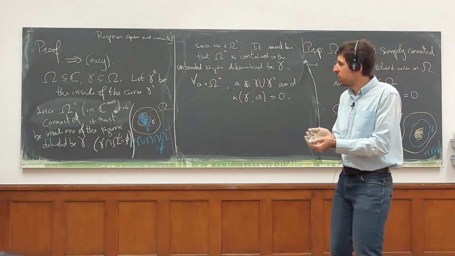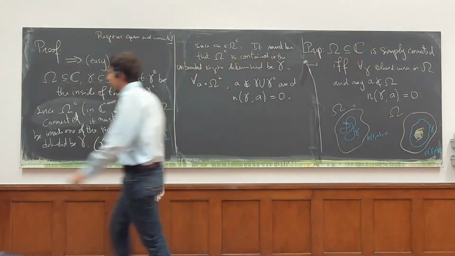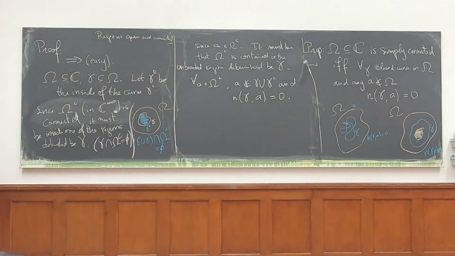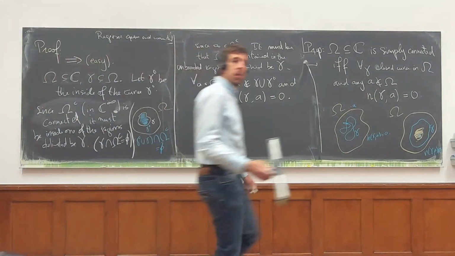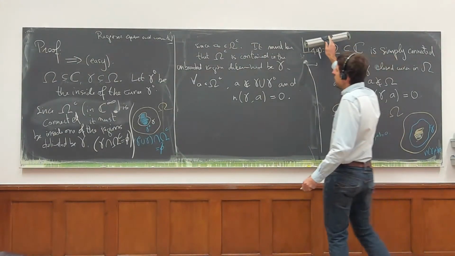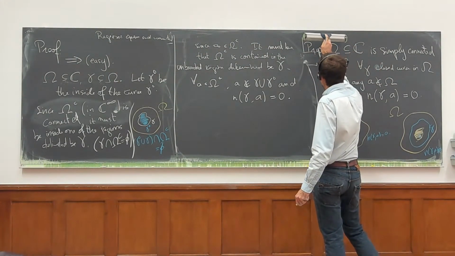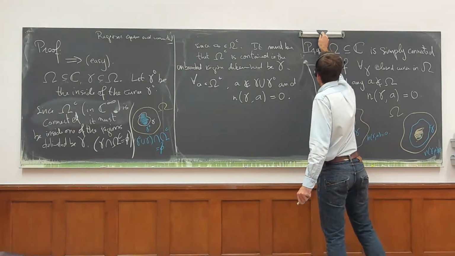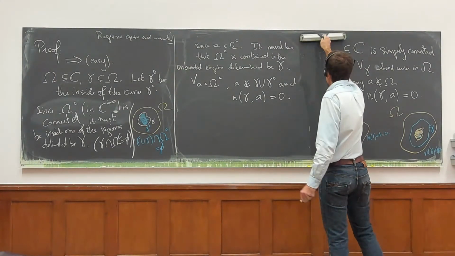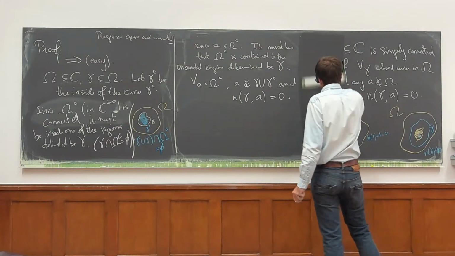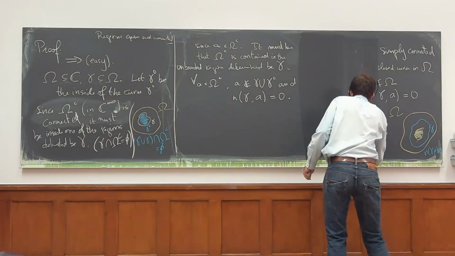This was easy, but not set up the right way, so it's still not trivial. The difficult part. So let me erase this. It's not that it's more difficult, it's just that you have to work a little harder.